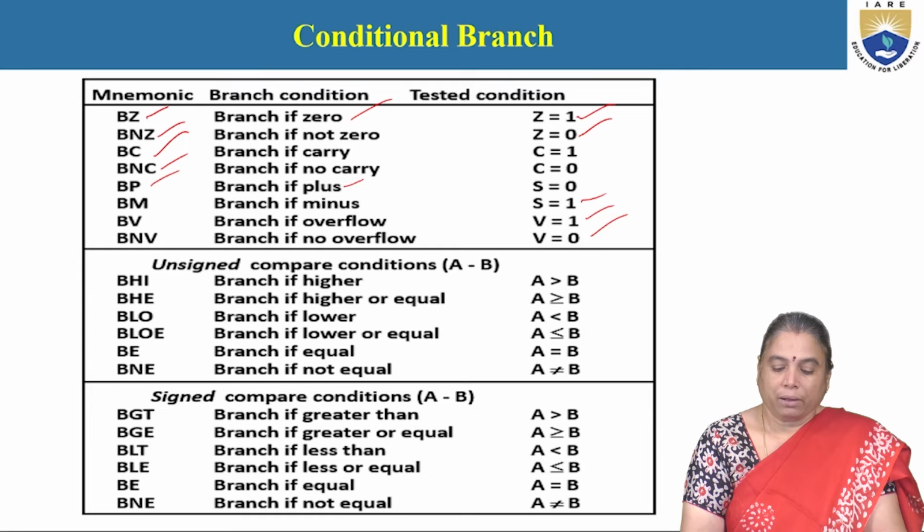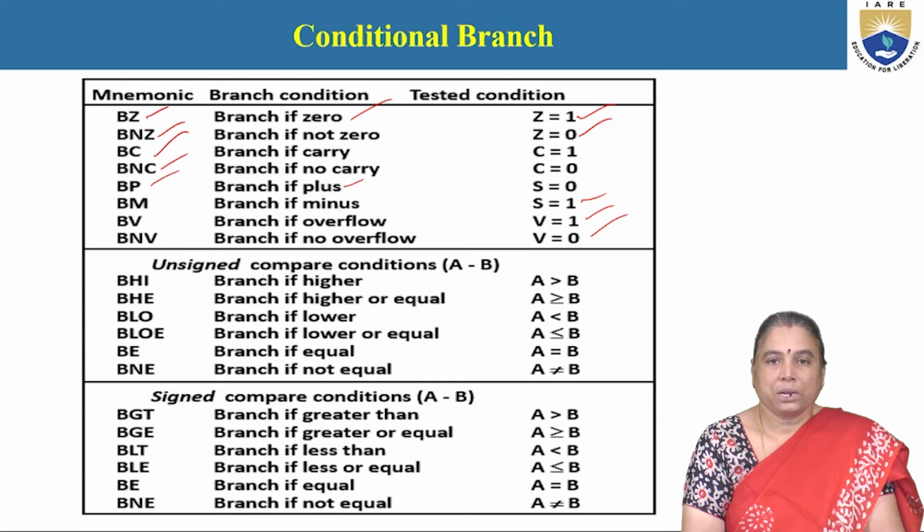Two operands A and B are involved, so the comparison operation can be performed with A minus B. While comparing the values stored in the two registers, if the condition is satisfied, then only the branching takes place.